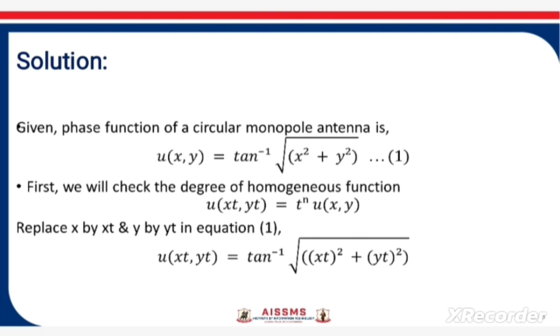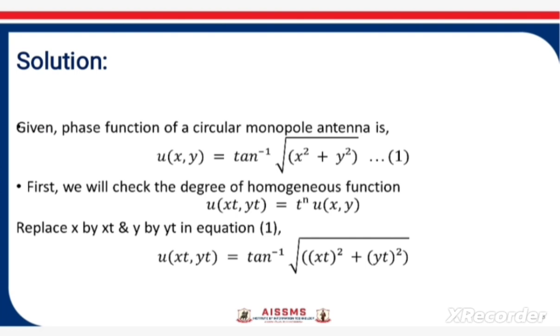Simply, if we replace x by xt and y by yt, and if we get u of xt comma yt equal to t raised to n into u of x y, then it is homogeneous. So here we replace in equation 1 x by xt and y by yt. We get u of xt comma yt equal to tan inverse square root of (xt) square plus (yt) square.